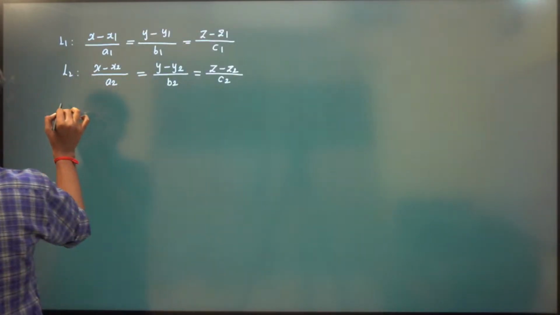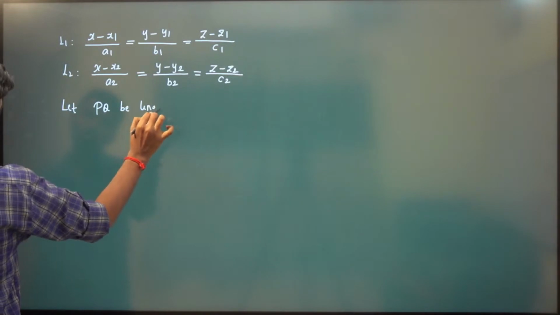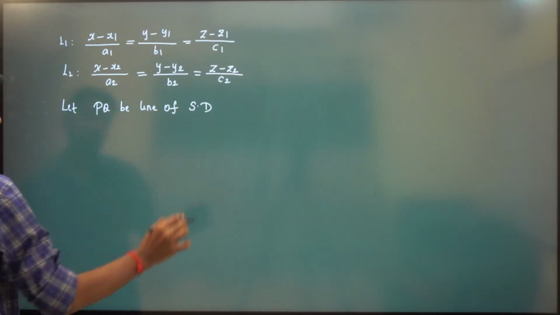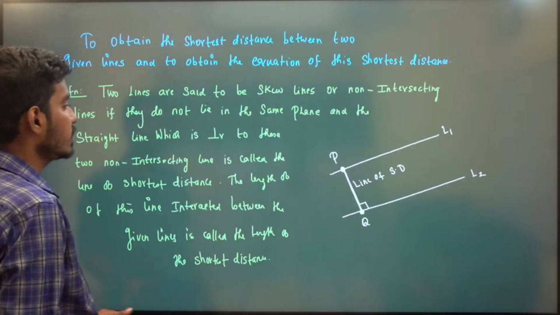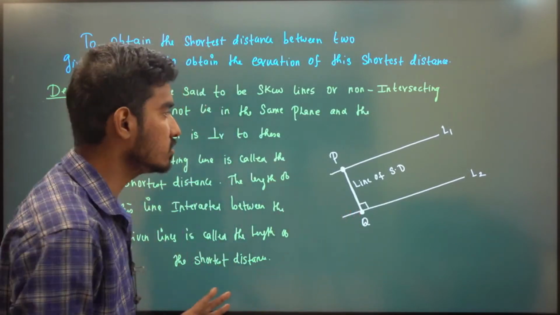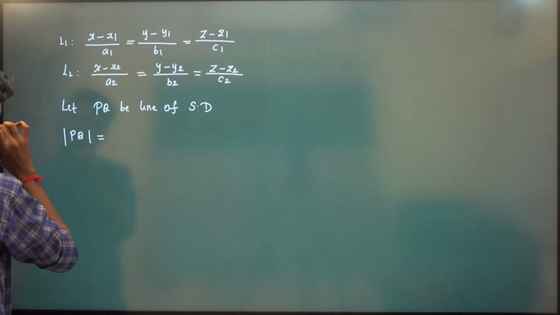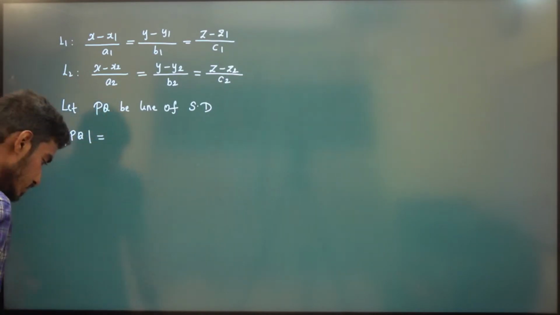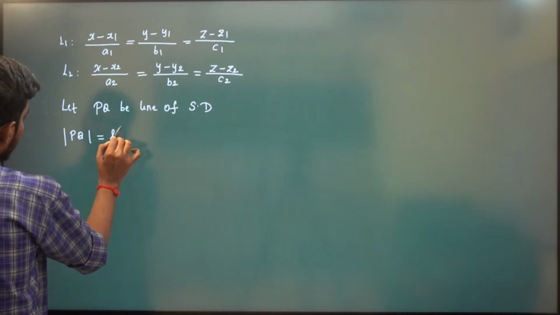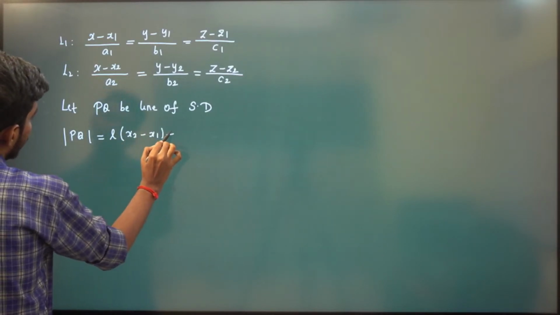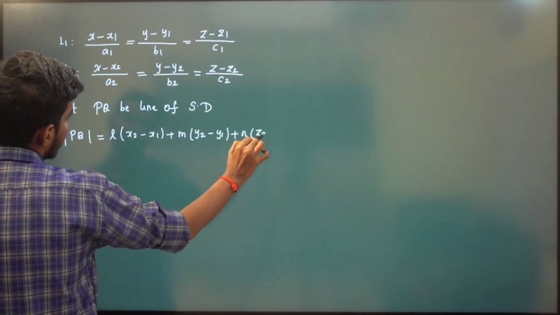So let PQ be the line of shortest distance. Refer to the diagram, right? Whenever I write SD, it means shortest distance. Now we need to find the distance of PQ, which will give the shortest distance formula. The distance of PQ is given by l into (x2 minus x1) plus m into (y2 minus y1) plus n into (z2 minus z1).